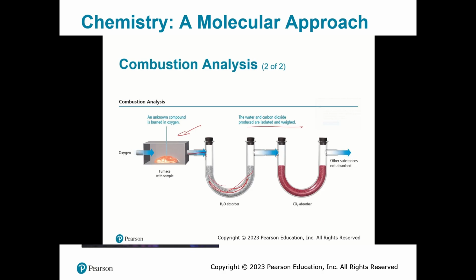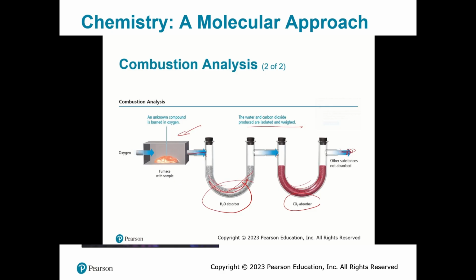We have the CO2 absorbed here. So water goes in the first step, and then the CO2 is absorbed in the second stage of the equipment. Some other substance will not be absorbed, but it will come out from this part over here.